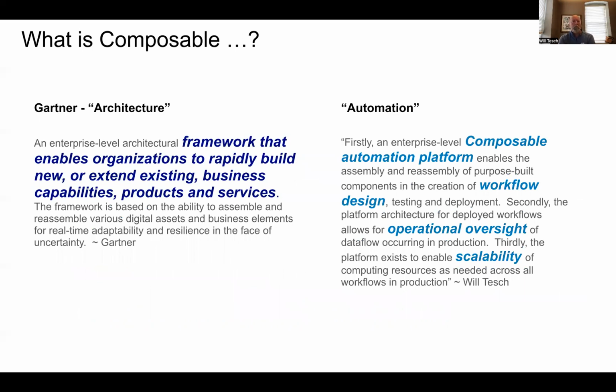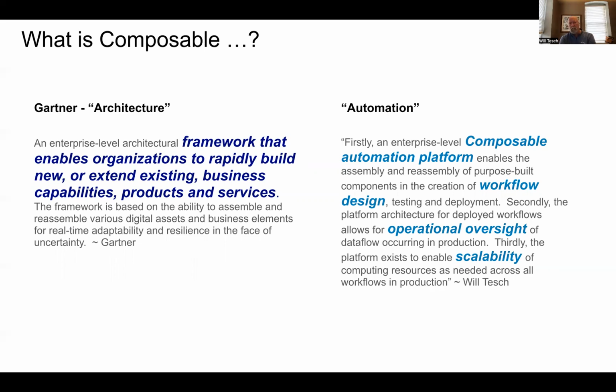Gartner says composable architecture is a framework that enables organizations to rapidly build new and existing business capabilities, products, and services. If you've been in technology long enough, you could probably say, well, that sounds like programming languages as an architecture. Well, it's probably accurate. Automation. What is our definition of composable automation? Well, we believe that architecture is critical, and the approach to doing that is critical.